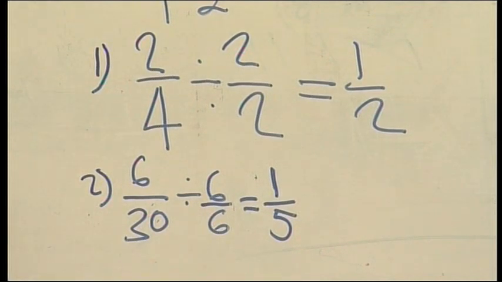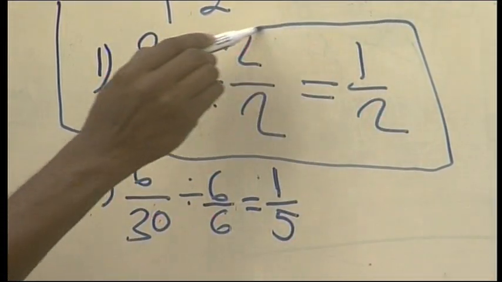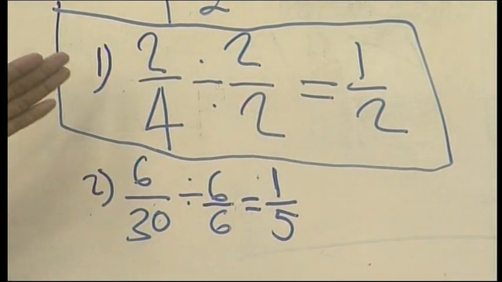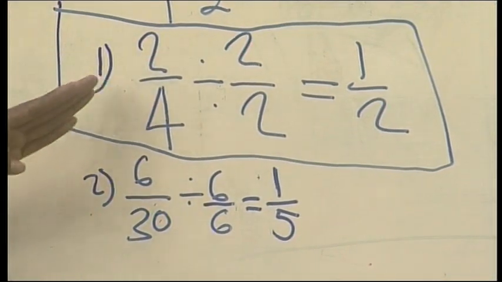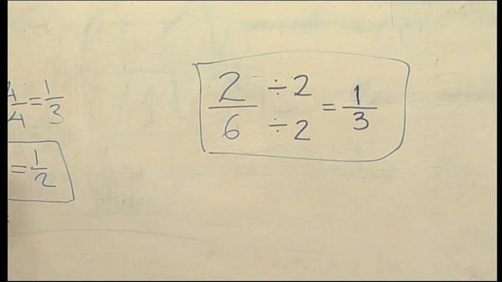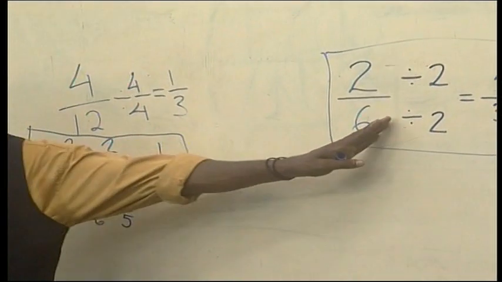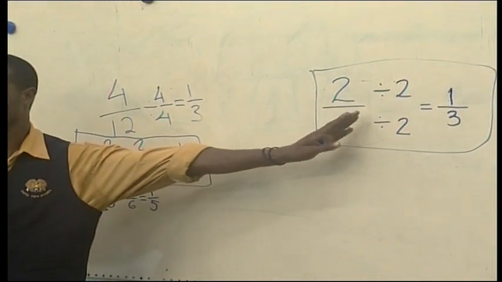Now, receiving students and 8s, I'd like to explain something here. This style of simplifying fractions and this style here, this is one way that you can use, and this is another way, but this is more appropriate.